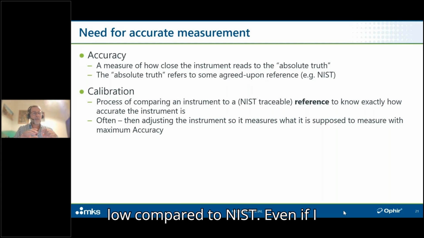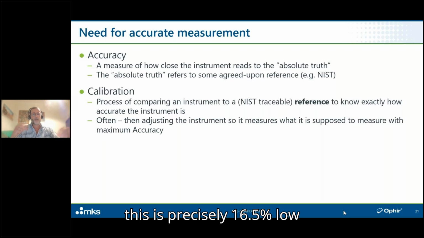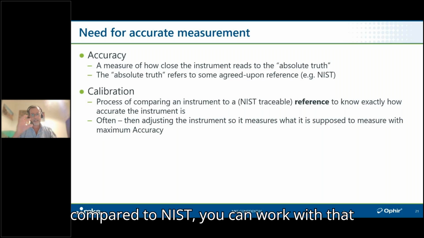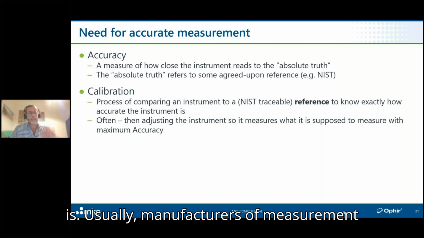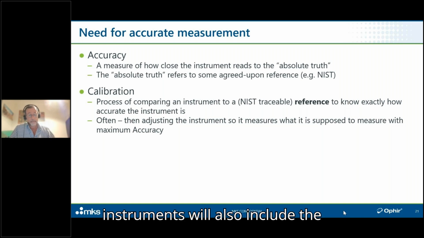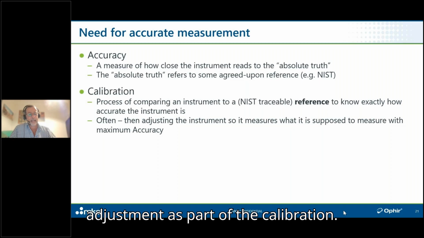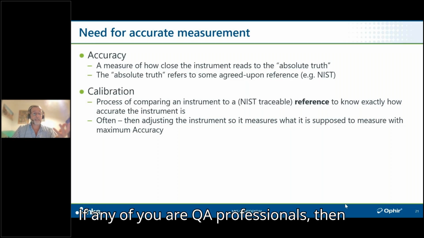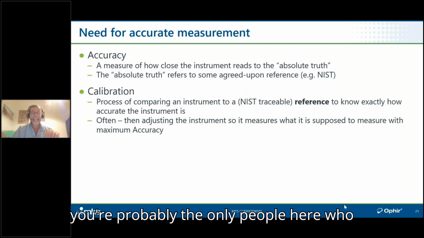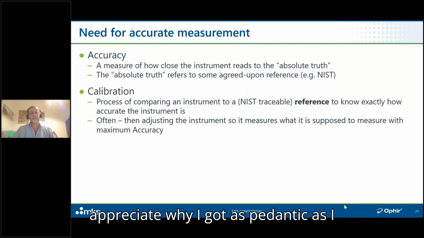If any of you are QA professionals, then you're probably the only people here who appreciate why I got as pedantic as I just did. But when we're dealing with quality, we want to be as pedantic as we can. Users, let's say integrators of laser systems, often refer to the calibration not of their measuring instrument but of their laser system.